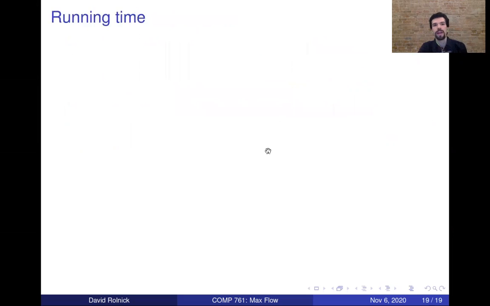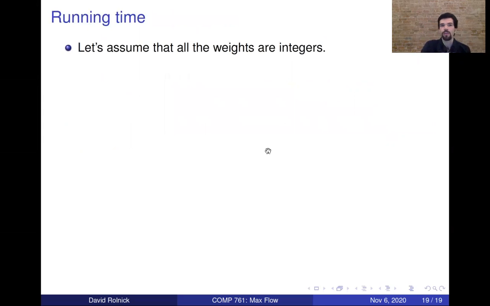Now, I'd like to finish by talking a little bit about running time. We're not really going to get into this, but assuming that all the weights are integers, which is a big assumption, how long might this take? I'll let you think about it for a moment, but then I'll just tell you the answer.